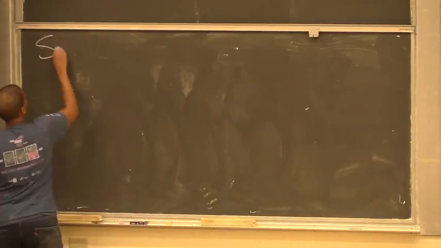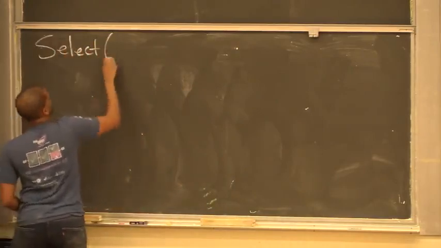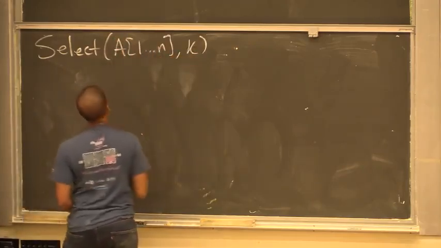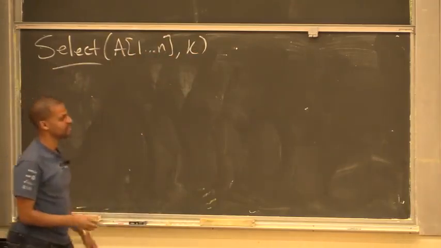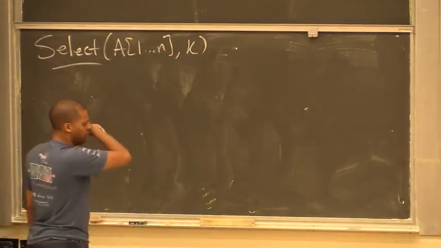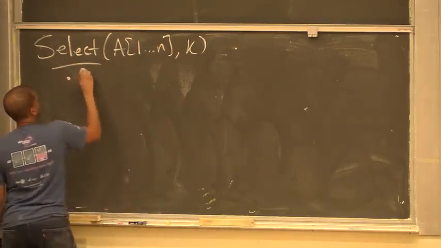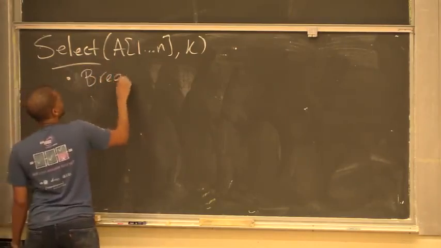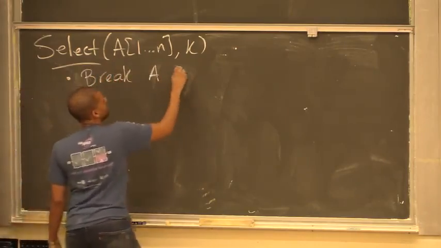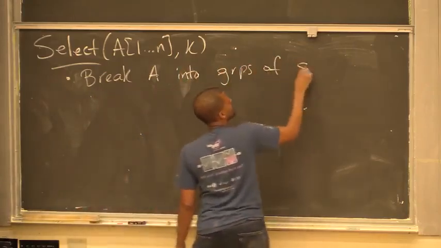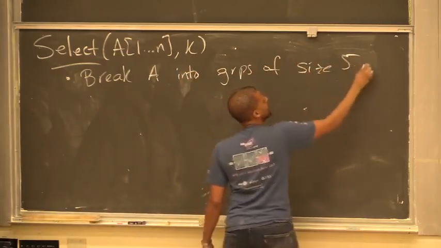So select takes as input an array A together with k. First step is break A into groups of size 5 each.